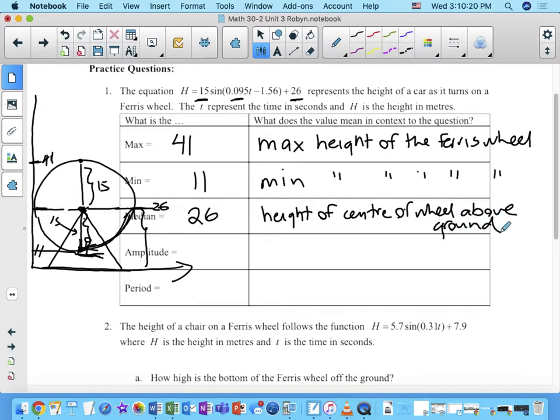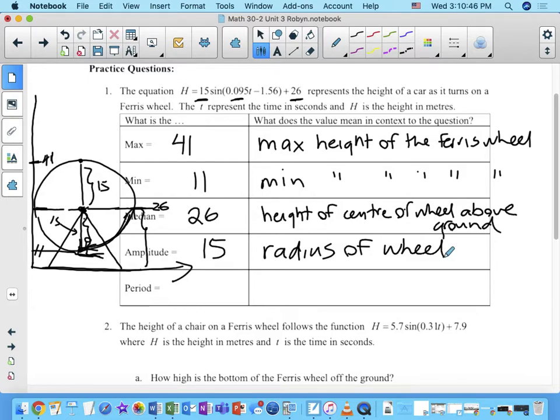Okay. Amplitude. What's the amplitude? The amplitude is 15. And where does that appear on this ride? The radius of the wheel. Okay, and then the last one we haven't addressed yet, which is the period.